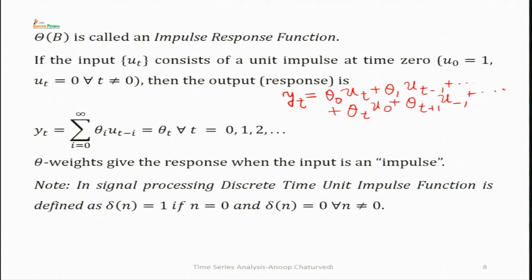Now, u_t has a unit impulse at time 0, means u_0 is equal to 1, all other u_t's are 0.